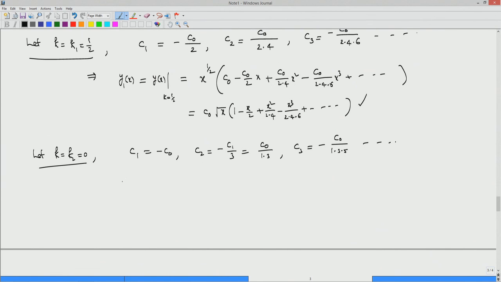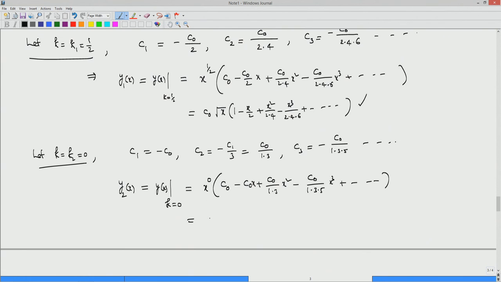Now you know what is your k and you know what is your C1, C2, C3. So, if you substitute into y2 of x at k equal to 0, where x power k is 1, you have C0, which you could not find, C1 into x, C2 into x square, C3 into x cube and so on.